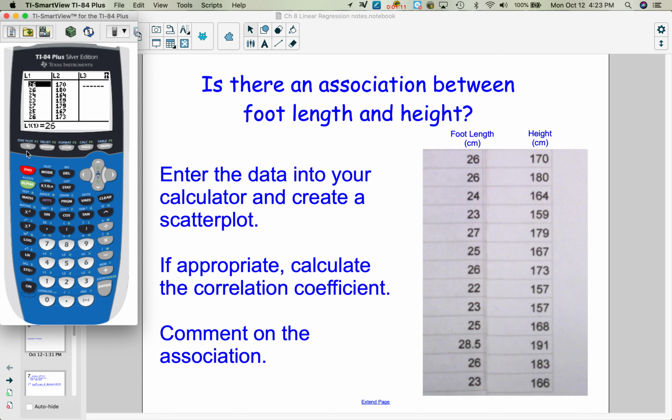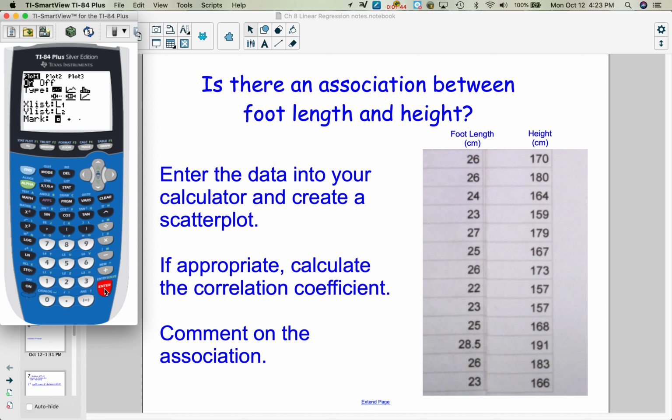Actually, before I do that, let me hit Y equals and see, I have some stuff probably from Trig last spring. And if we go second and then stat plot, I'm going to choose Plot 1. The first one is our scatter plot, and it wants to know where my data is. There's a shortcut to L1, see in the blue above the L1, so you hit second and then 1, the number 1.